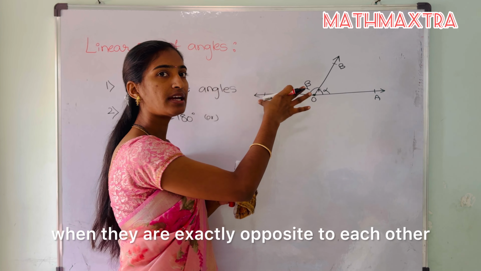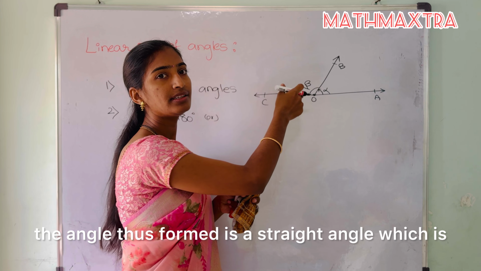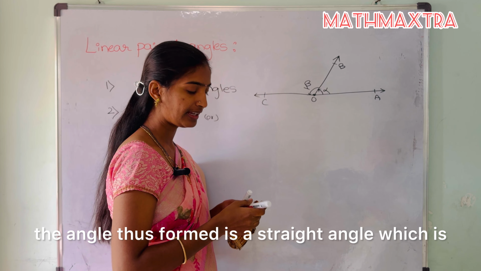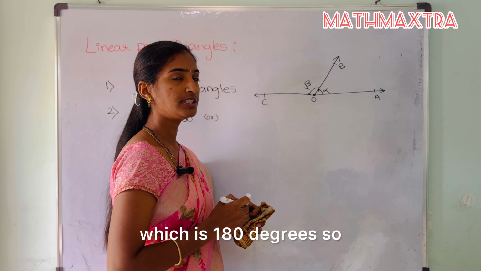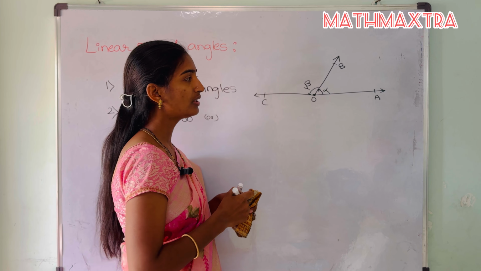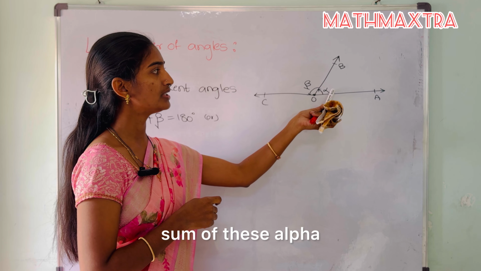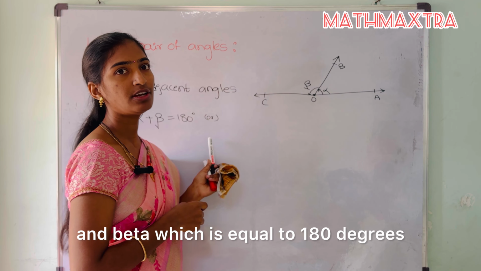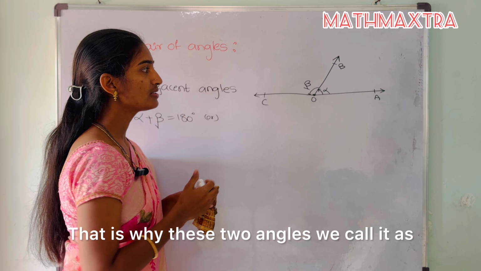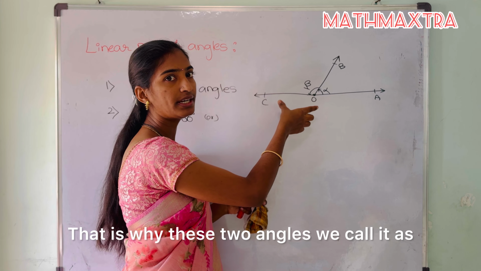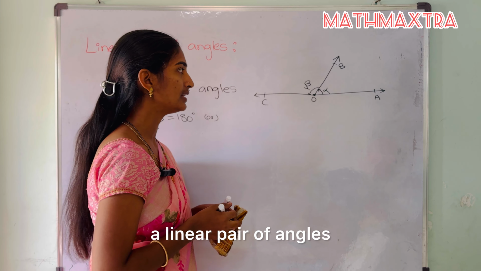When they are exactly opposite to each other, the angle thus formed is a straight angle, which is 180 degrees. So that is why we are saying the sum of alpha and beta is equal to 180 degrees. That is why these two angles we call a linear pair of angles.